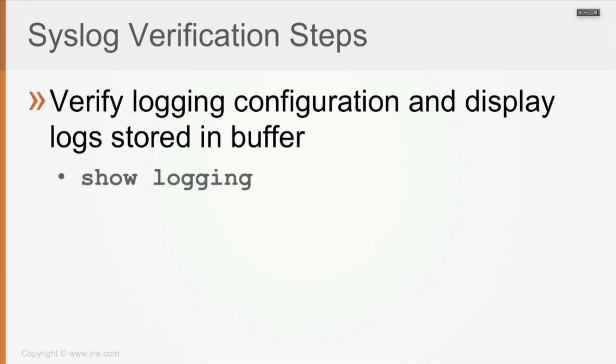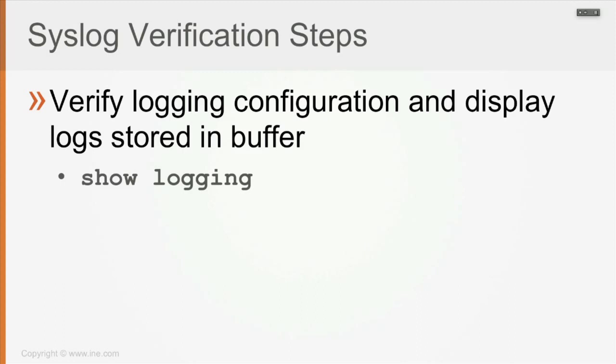Verification steps. It's plain simple to verify logging configuration and display logs stored in buffer. So the show logging command, as you're going to see, not only you see the logging configuration, but you also see the buffer, the logs stored in the buffer.